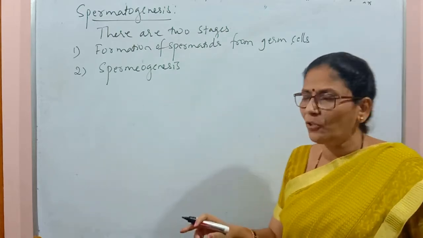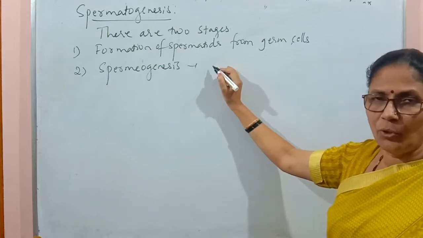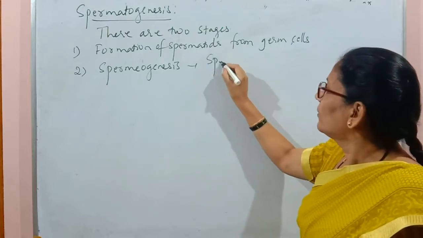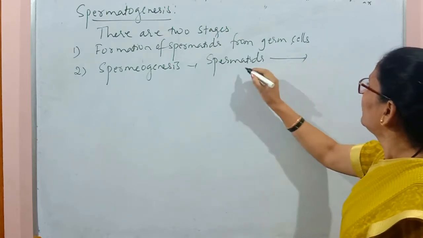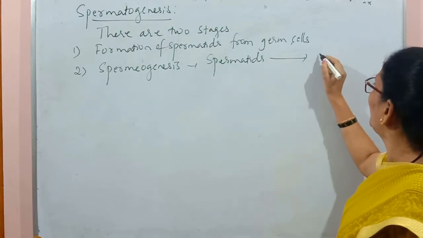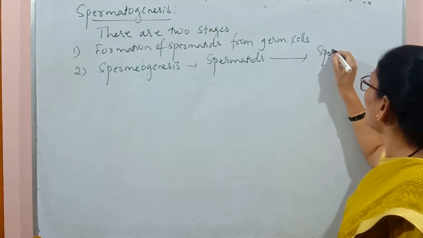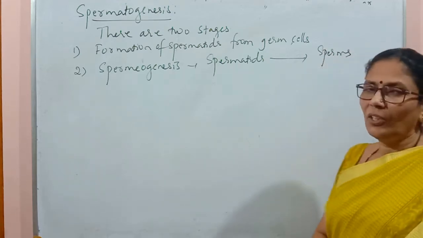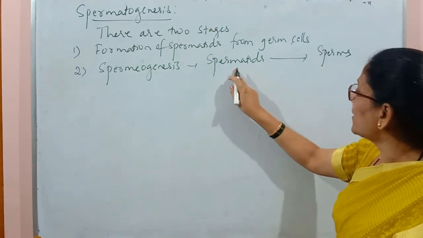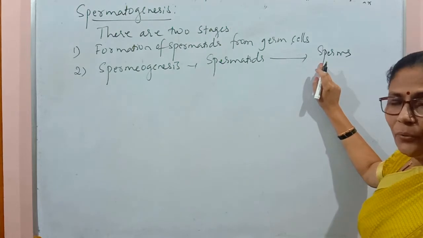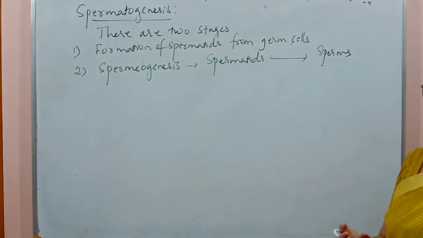What exactly happens during spermiogenesis is that the non-functional, inactive, non-motile spermatids are transforming into sperms or spermatozoa, which are active, functional and also motile.